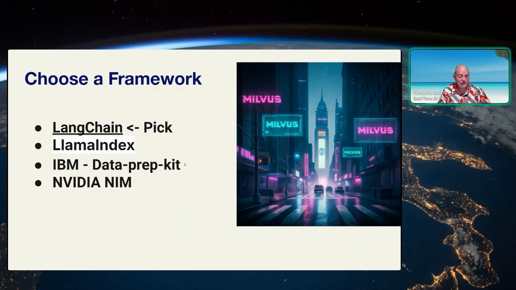If you need to really chunk up documents, do a lot of prep, IBM used this to train their Granite models and get their data prepared. It is nice. I've been really impressed with this one, fully open source. Being able to deploy on Ray is pretty nice. If you have awesome NVIDIA hardware, I can't pick mine up. It's too heavy. If you've got NVIDIA hardware somewhere, their NIM for microservices can do anything.